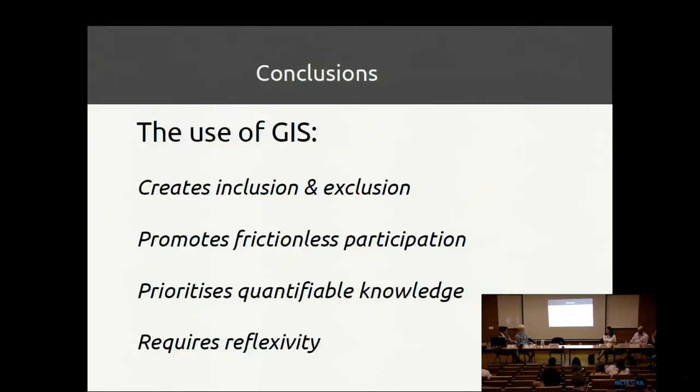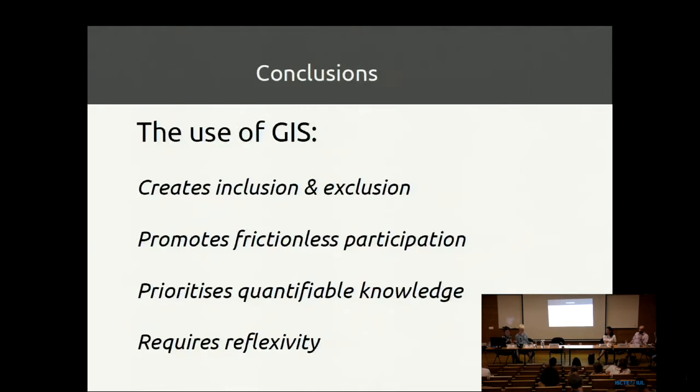It prioritizes quantifiable knowledge. So, as Aina was talking about critical cartography, pointing out that it's objective knowledge, the subjective knowledge is difficult to include in this kind of participation.